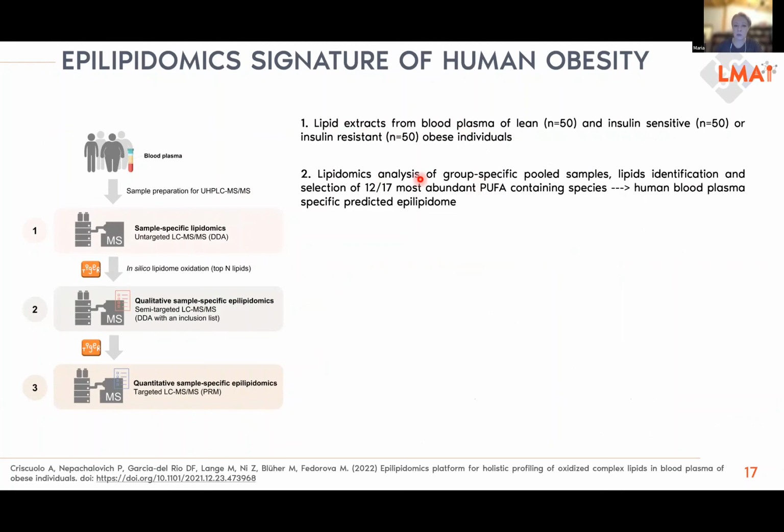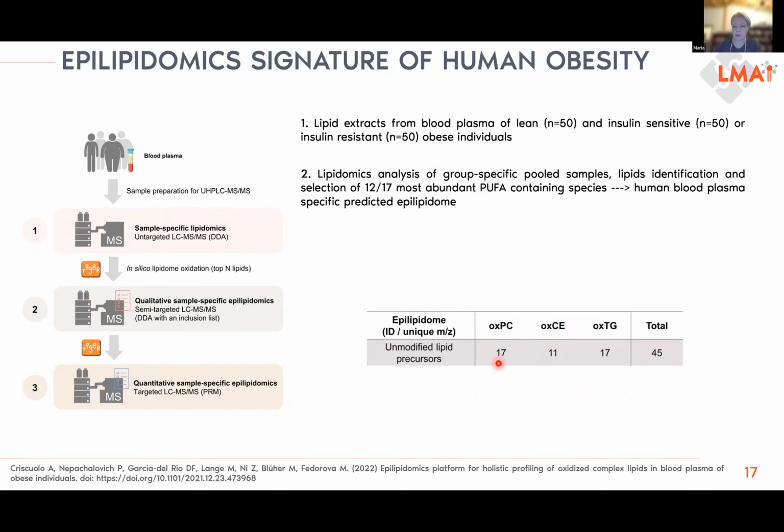And we took this composition and used, for instance, 17 PUFA-containing PC, 11 CEs, or 17 TGs containing PUFA, and used those to predict the possible modified lipidome of the human blood plasma.